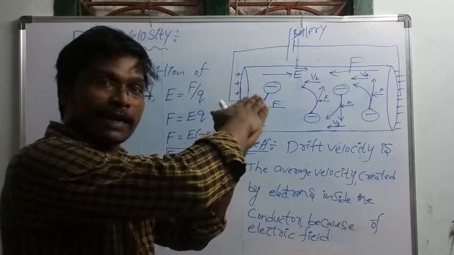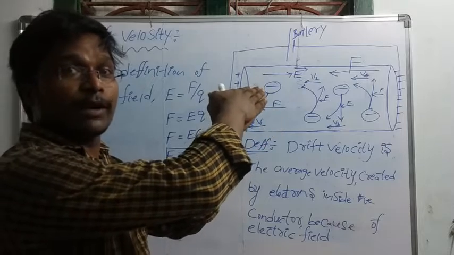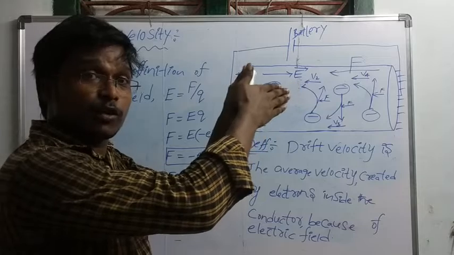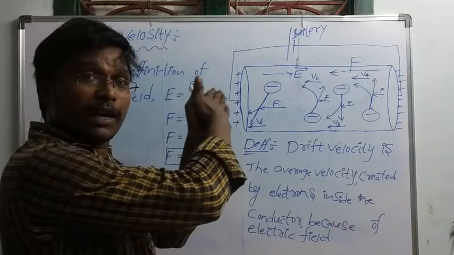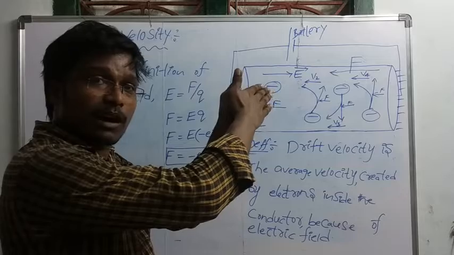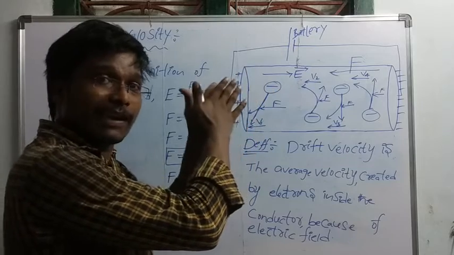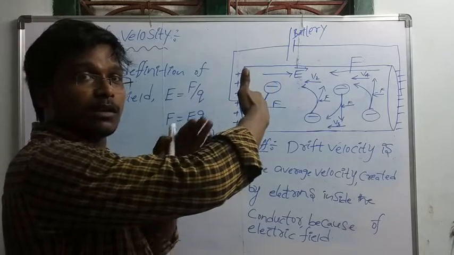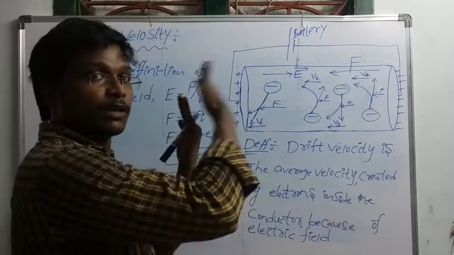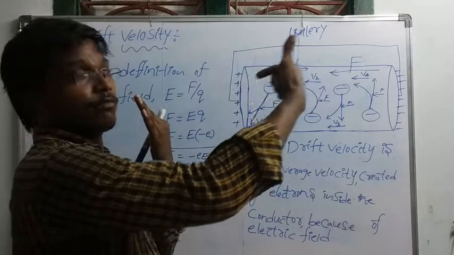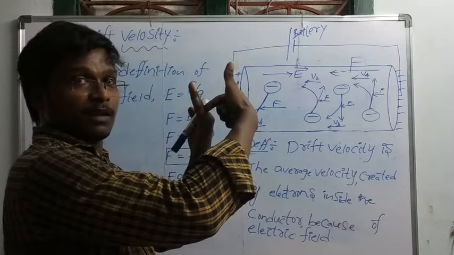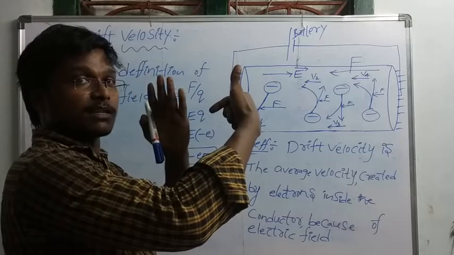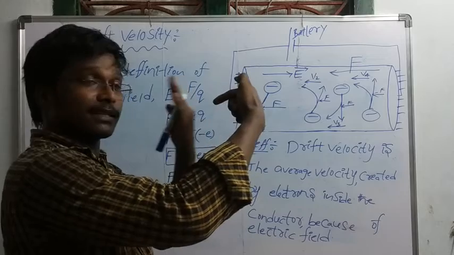When the force is acting on the electrons, the direction is drifting and the electrons continue their motion, so continuously they have acceleration. So force F is acted, electrons are moving, so electrons have acceleration. What is the relation between force and acceleration?